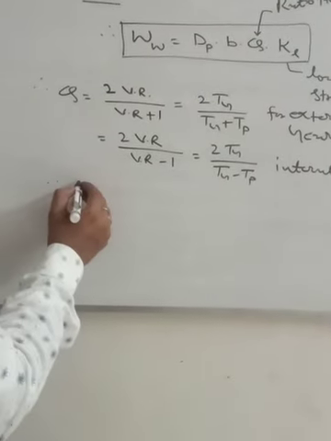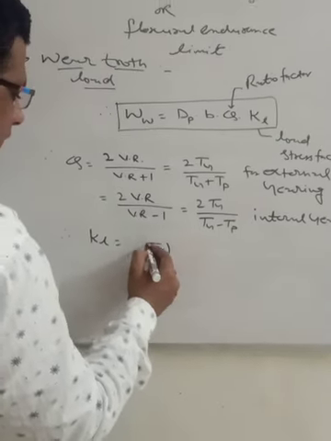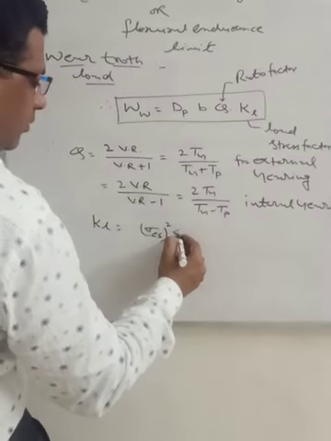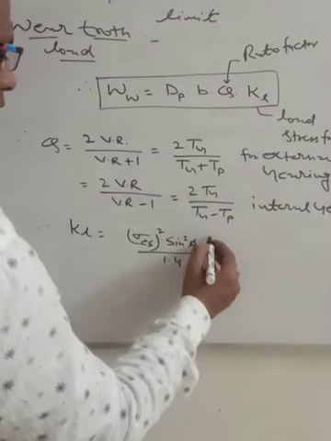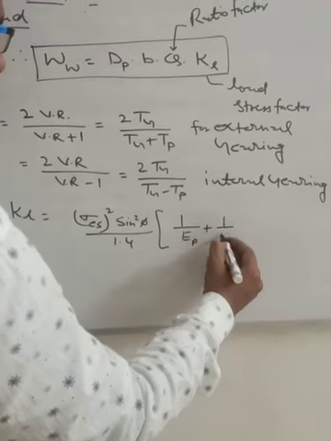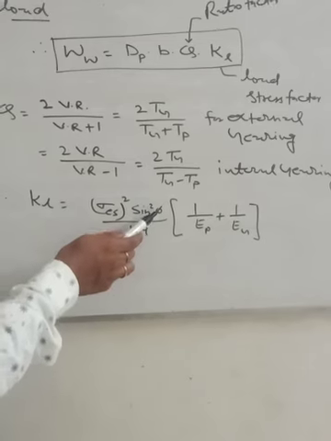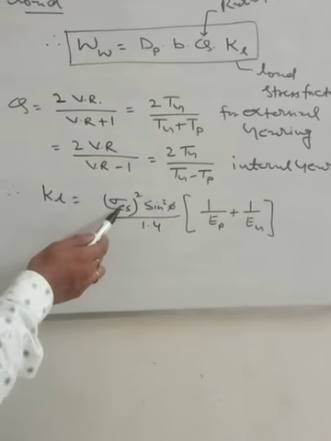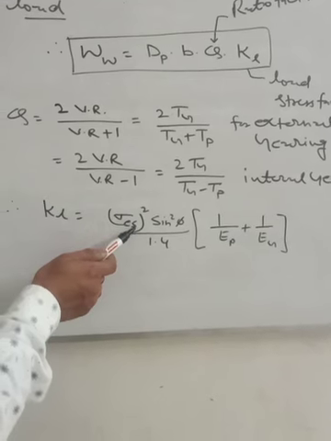This Kn is equal to sigma Es square multiplied by sin square phi upon 1.4, into 1 upon Ep plus 1 upon Eg, in which this phi is the pressure angle, and this sigma Es is the endurance surface limit.